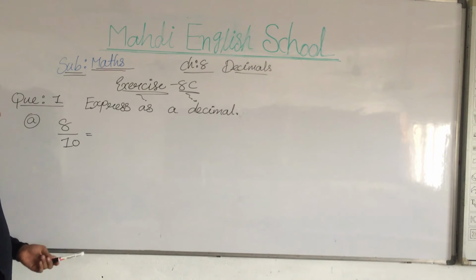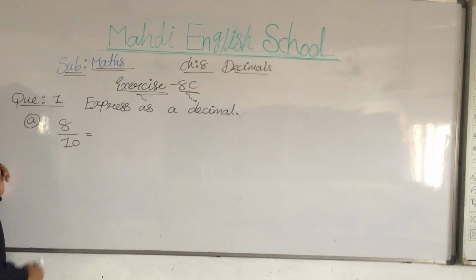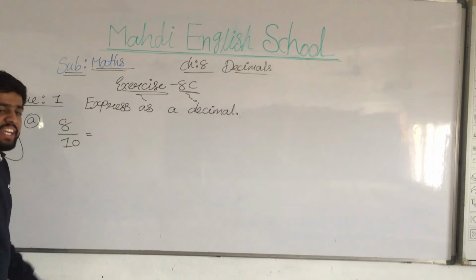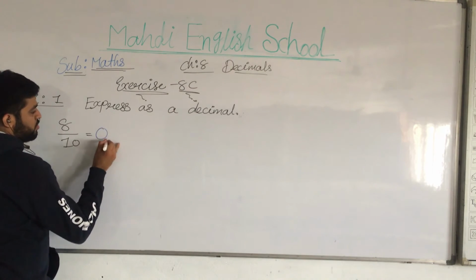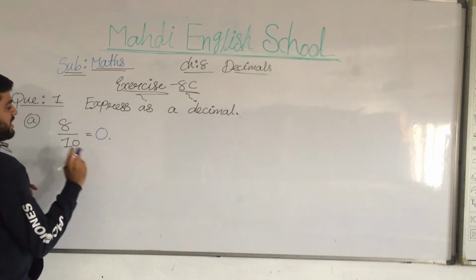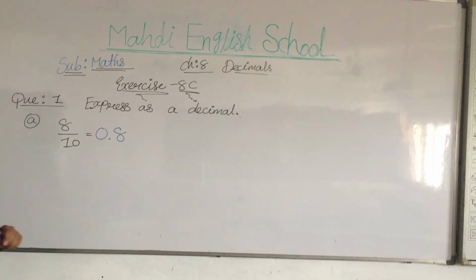It's very easy. How many zeros are here? One zero. So we put the decimal point after one digit. We write the first 0, then we put the decimal point, and then we put the numerator. Understood? Got my points?